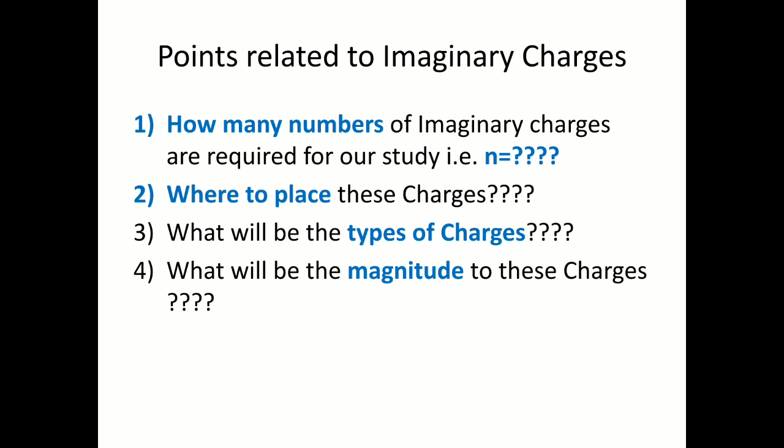So basically these are the 4 basic points which we need to assume before the starting of our simulation process. That means how many charges are required in order to study the distribution of electric potential, then where to place them, what will be their type, and what will be their magnitude.